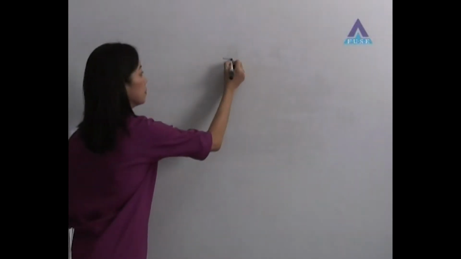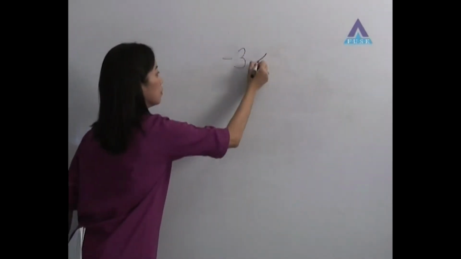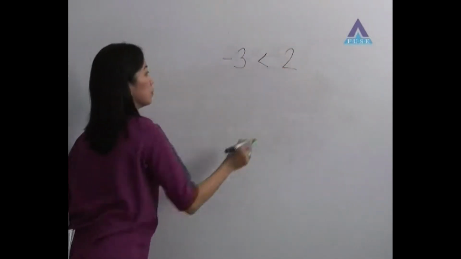Consider negative 3 and 2. Obviously, negative 3 is less than 2. Now think of the number we can multiply to both sides of the inequality. Ma'am, how about 4? Let's try that. And let's also try a negative number. Ma'am, how about negative 3?